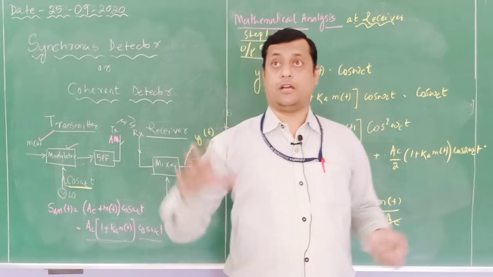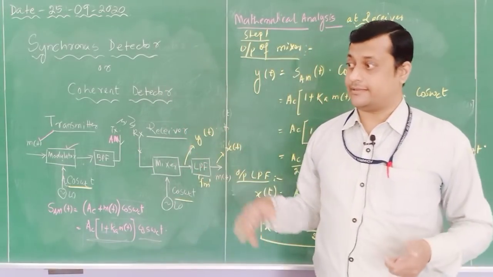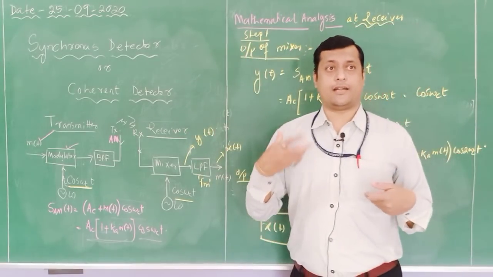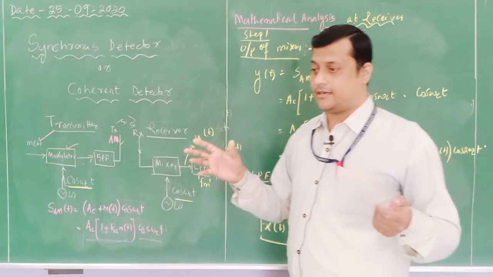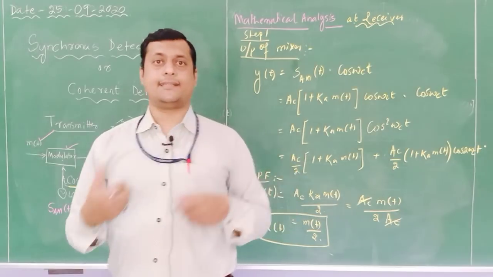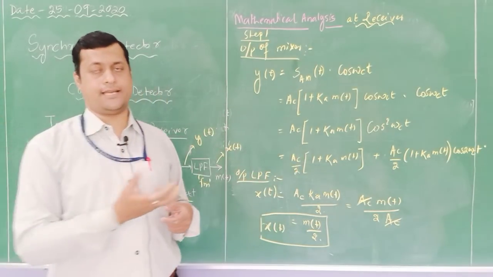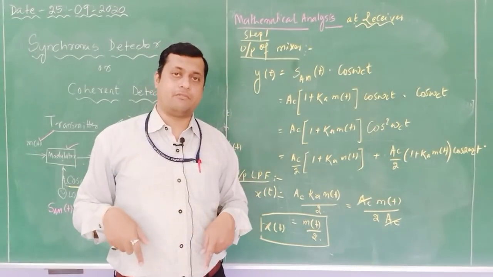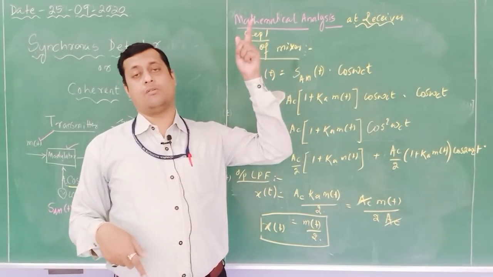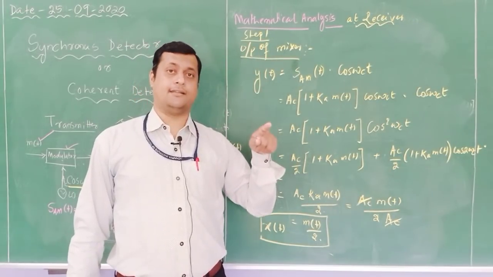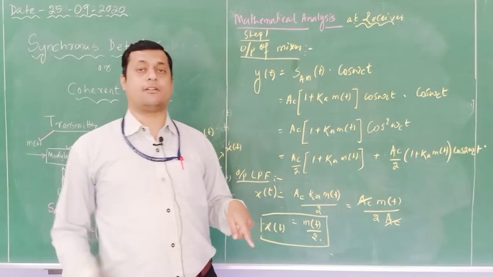For example, as I have told, a TV broadcast is using a certain higher carrier frequency, but the day-to-day D2H users are accessing the data. Anyhow they are accessing the data, but the carrier frequency at the receiver may not be same as the carrier frequency the TV broadcast station uses.